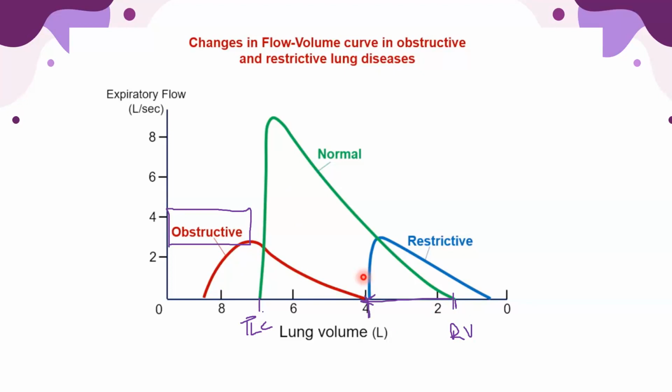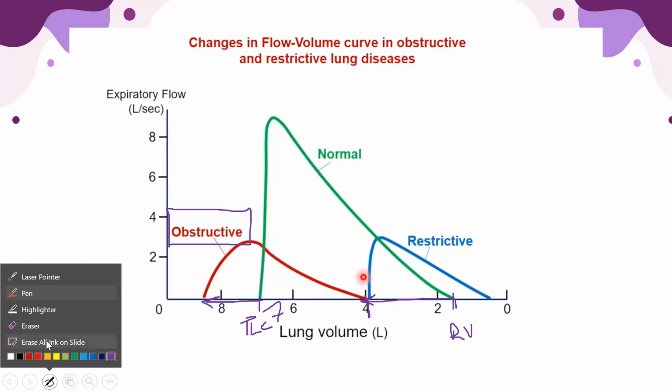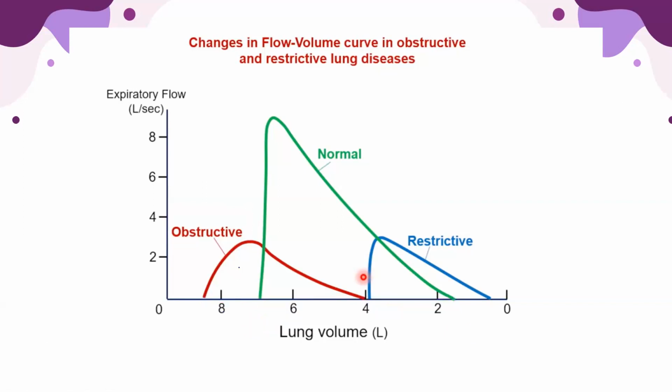Usually it's around 7 according to this graph, but now it has increased to more than 8. It makes sense: air gets trapped inside the lungs, so total lung capacity and residual volume are both going to increase.